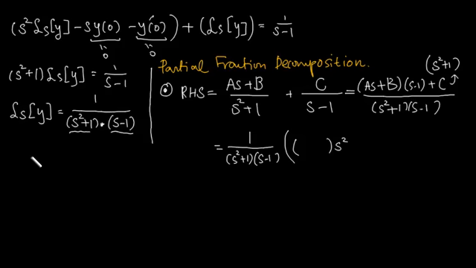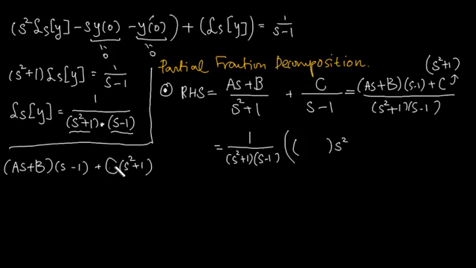So we're expanding this whole thing and thinking about the s squared term. You can see that these two terms are the only terms that give you s squared here, so it must be a plus c.